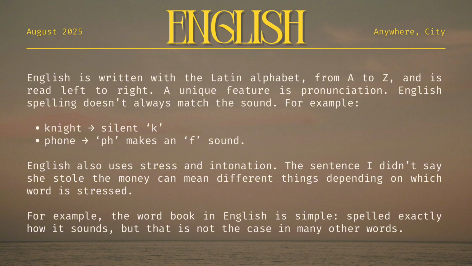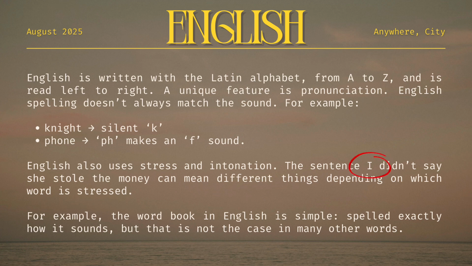Or I could mean different things. The stress and intonation play a very deep role in making sure that what I'm trying to convey is perceived as correctly as possible. Like the sentence, "I didn't say she stole the money," can mean different things depending on which word is stressed.